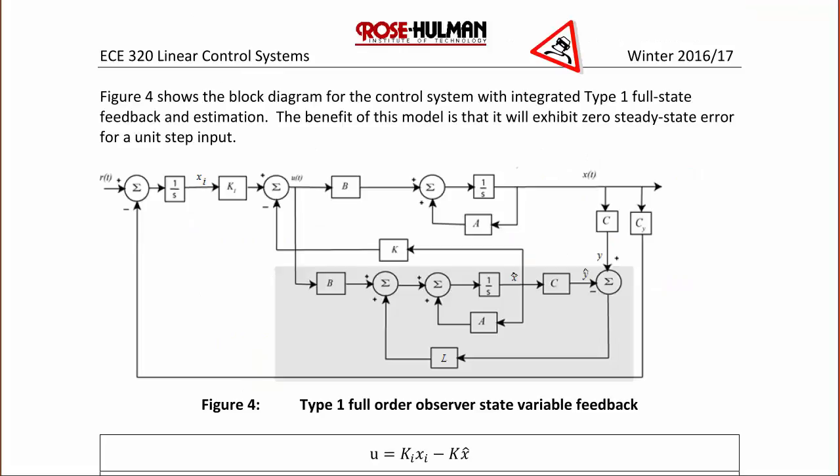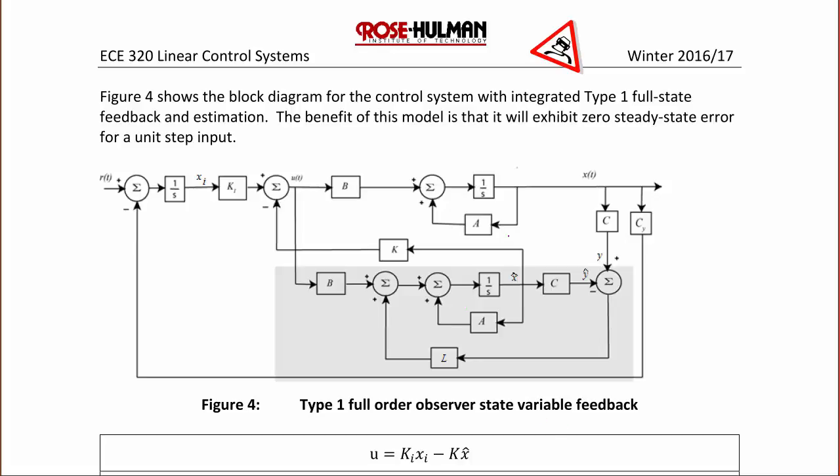Finally, we won't do an example, but I did want you to see what it would look like if we had a fully integrated full order observer state variable feedback system, which means we now have also added back in the integral control to make sure we get zero steady state error. You will do an example of this one in lab. So now notice our system has in the grayed out area down here the observer.